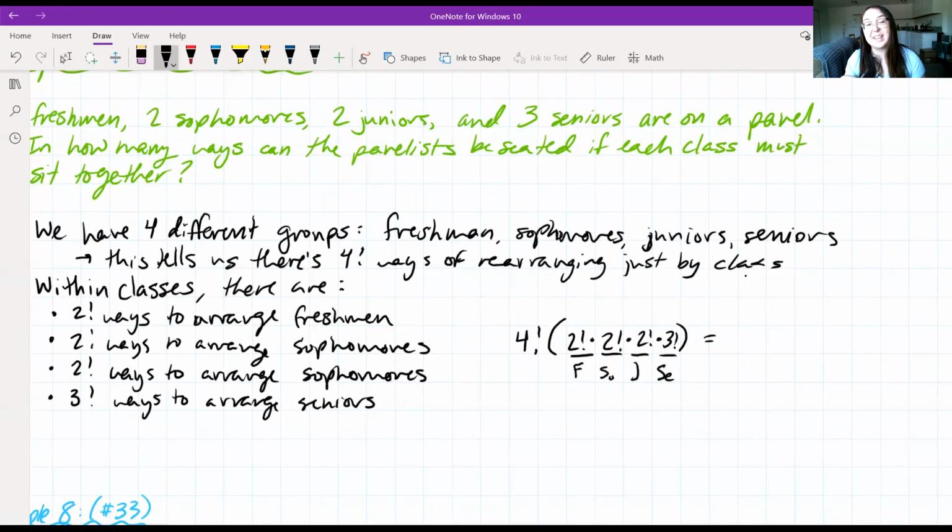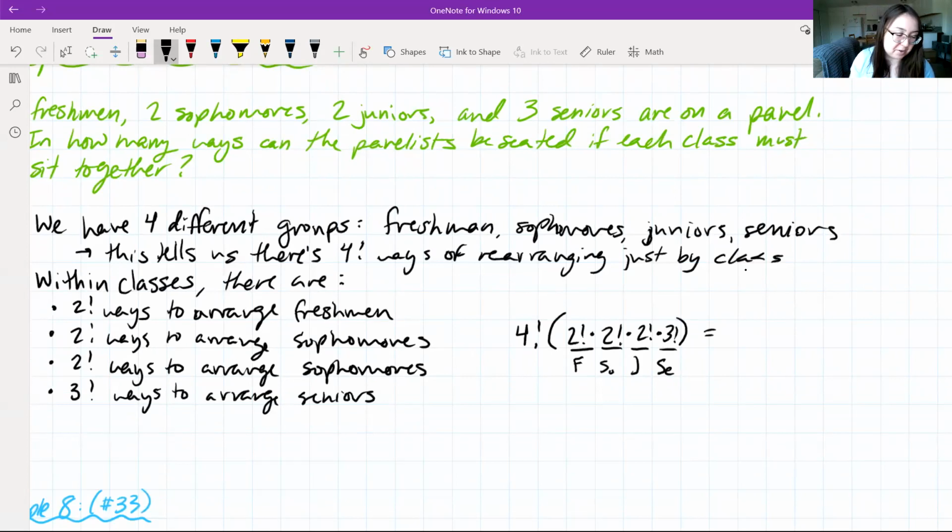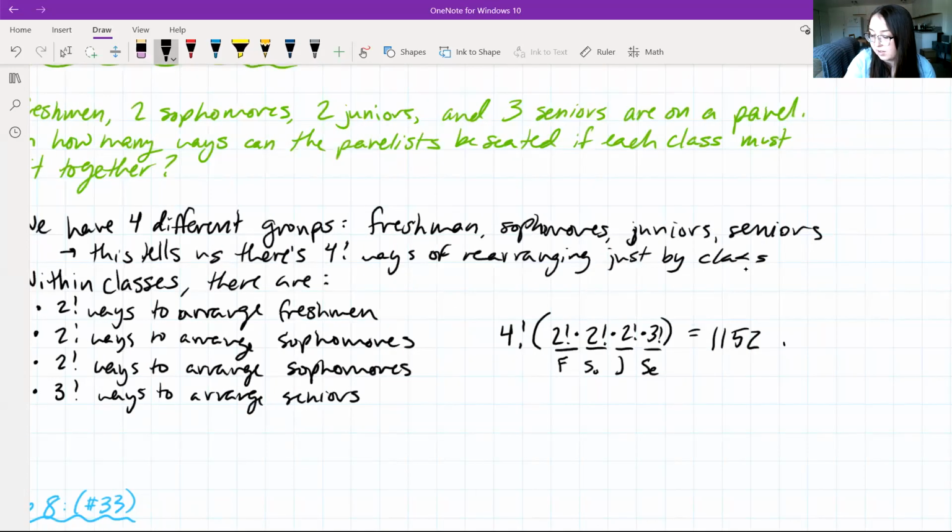All right, and then when we calculate this value, we end up getting 1,152 ways they can be seated.